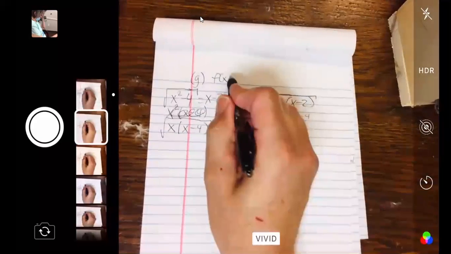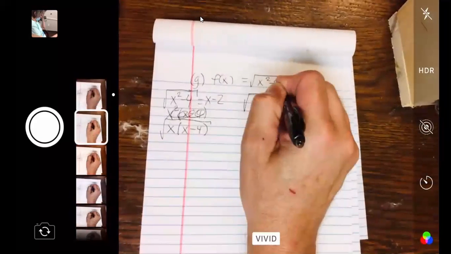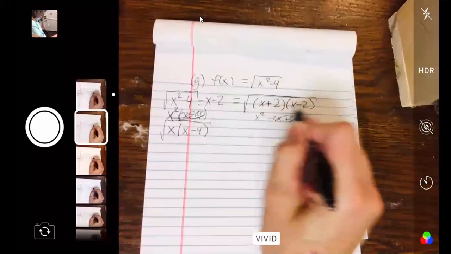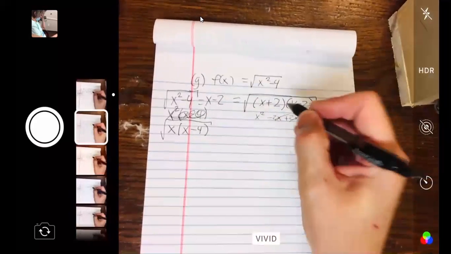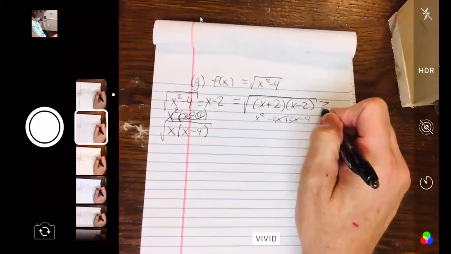So the original looked like this, non-factored. So you then have to write it like this. You want to see it finished? Yes, please. All right. So it's a square root on top. That means greater than or equal to 0.